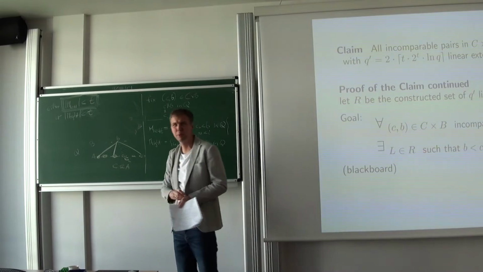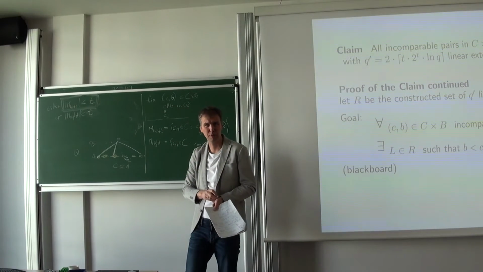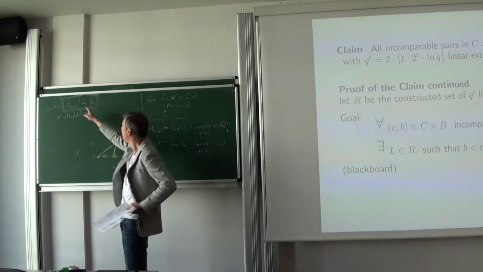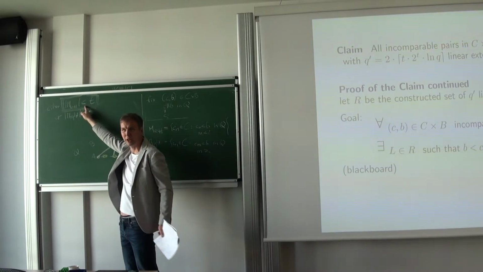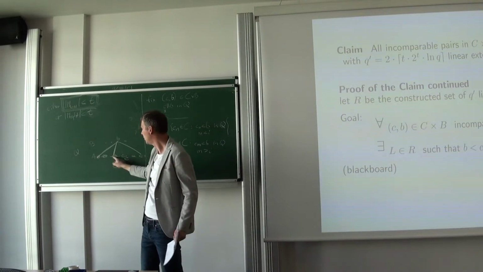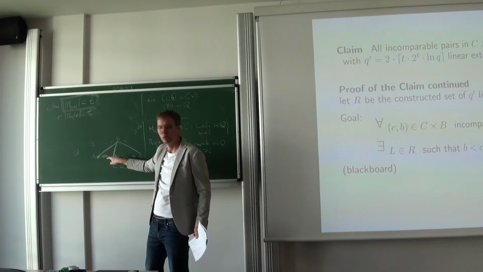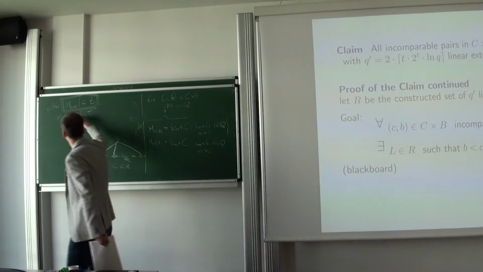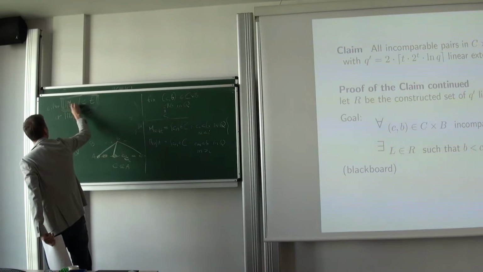And we need to use the property of our binary matrix. So we have less than T yellow elements here. Let's make these elements orange for a moment.